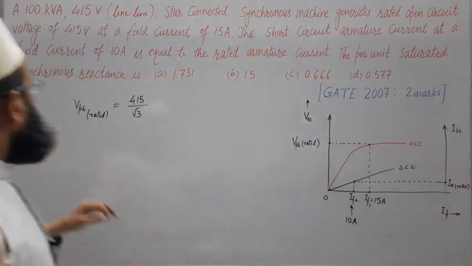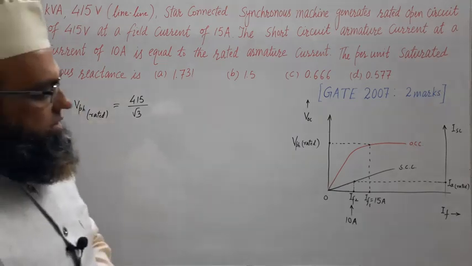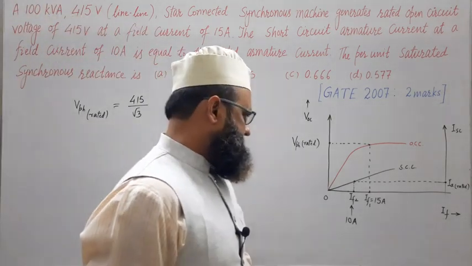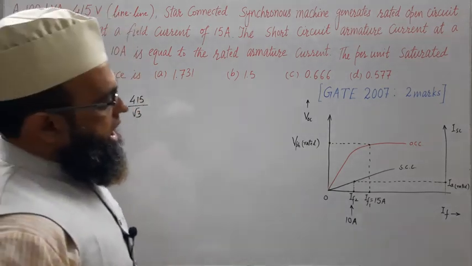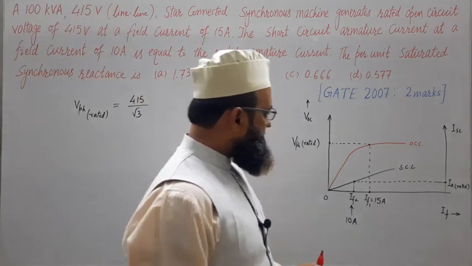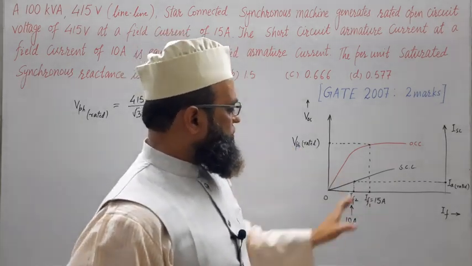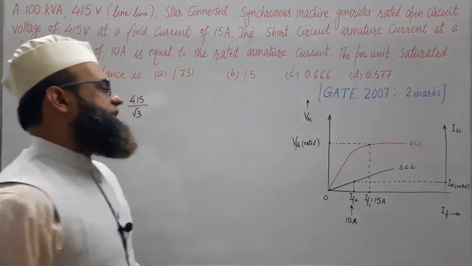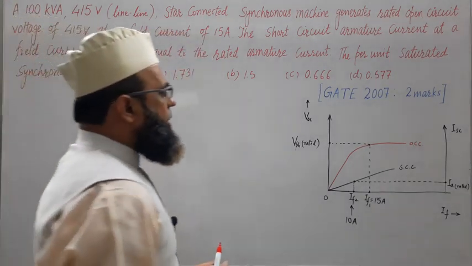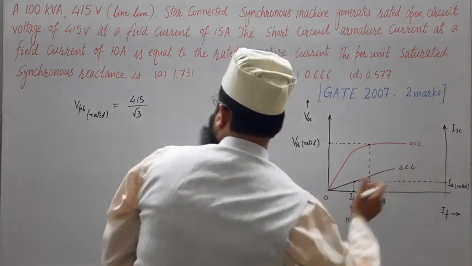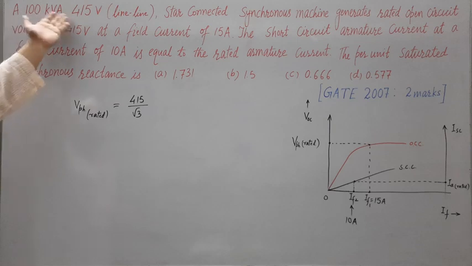The per unit saturated synchronous reactance is. So as told earlier, out of the 4 quantities, if 3 are given, then the 4th one can be easily evaluated. IA rated may be evaluated with the help of the ratings given.